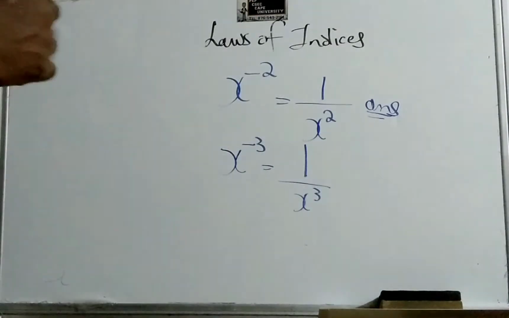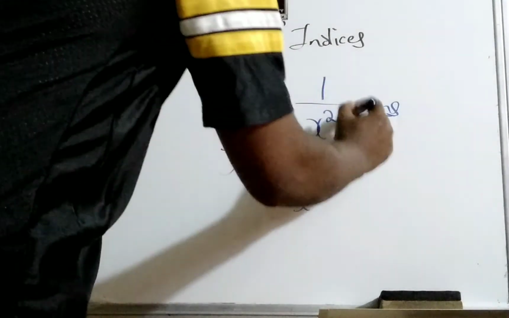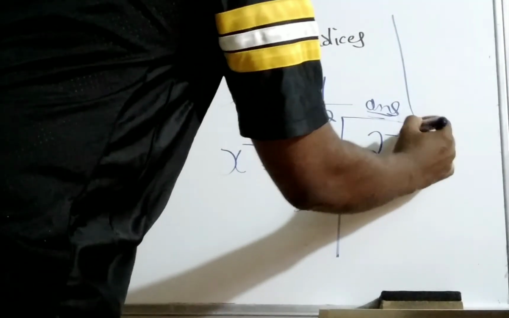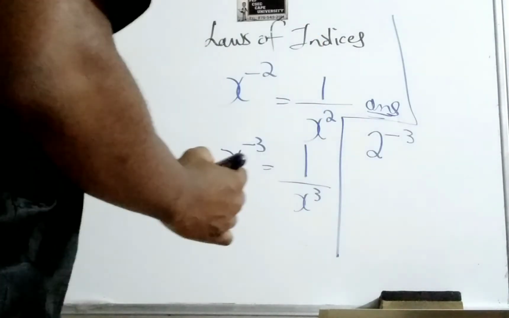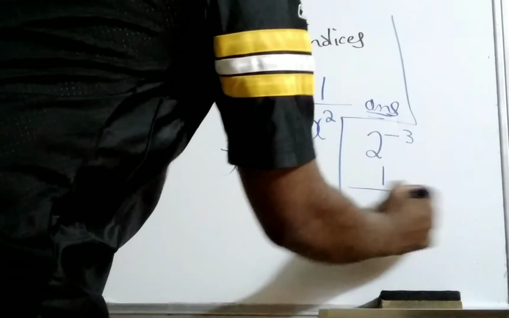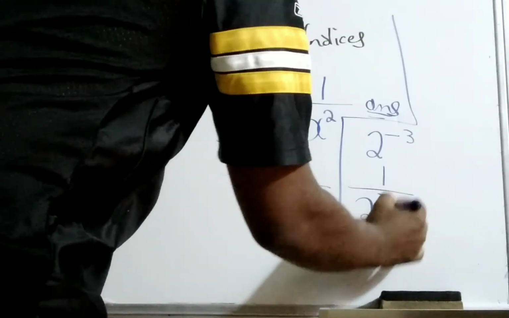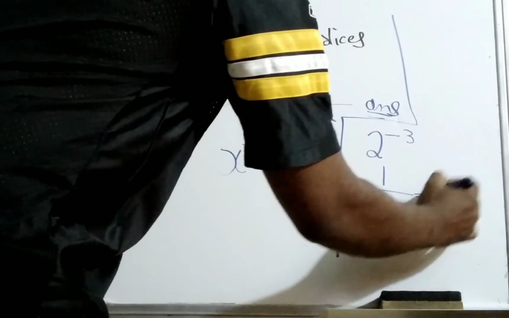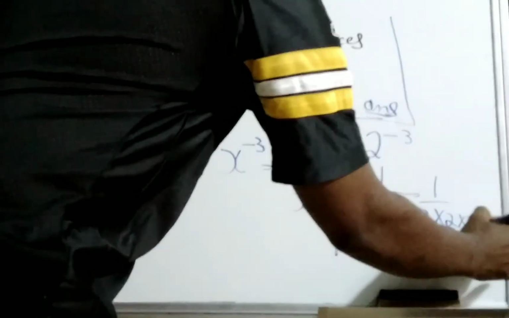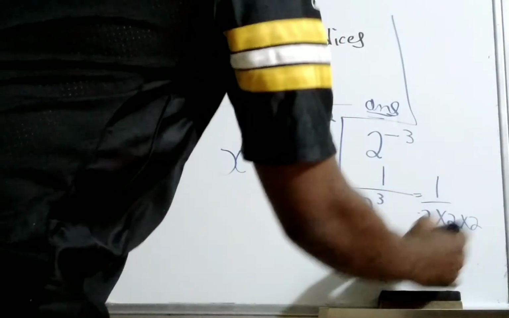Let us put a number in there and see how it works out. Let's say we have 2 raised to the negative third power. Because it's a negative index, we put 1 over 2 to the third, which is the same thing as 1 over 2 times 2 times 2. 2 2s are 4, 2 4s are 8.